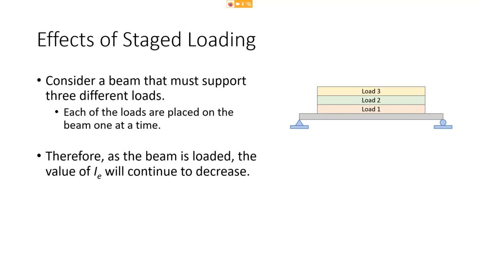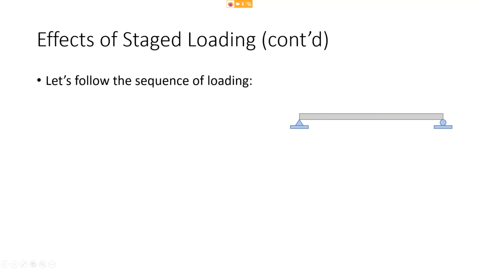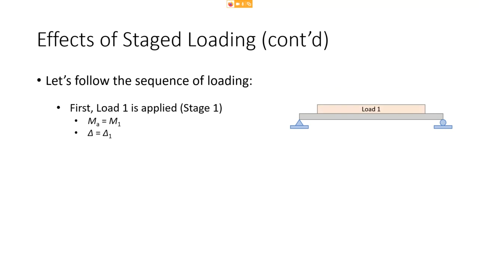So let's take a look at this from a straightforward standpoint. Right here, I have the beam, and it doesn't have anything on it, so let's follow the sequence of loading, okay? Like I said, the beam experiences loads one at a time. So we'll start off putting load 1 on the beam. You should see on the slide that it's animated.